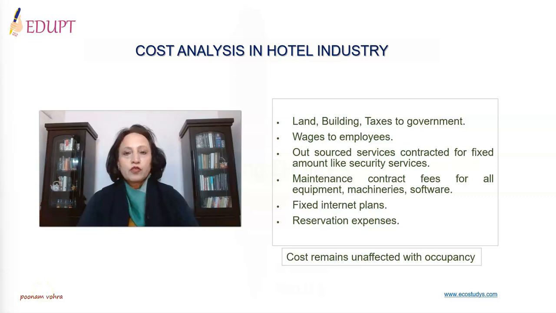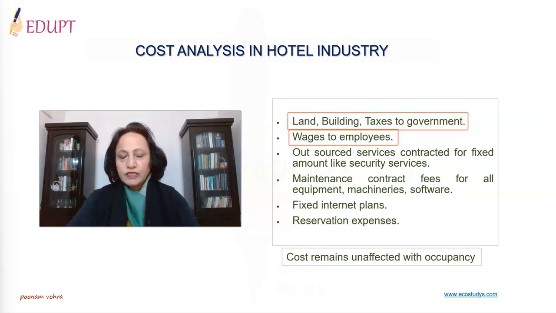There are a few more costs, like costs incurred on purchase of a land or a building, or making tax payments to government. Then wages and salaries are paid to the employees. Cost may be incurred on outsourcing various services like security services, which are on contract basis.